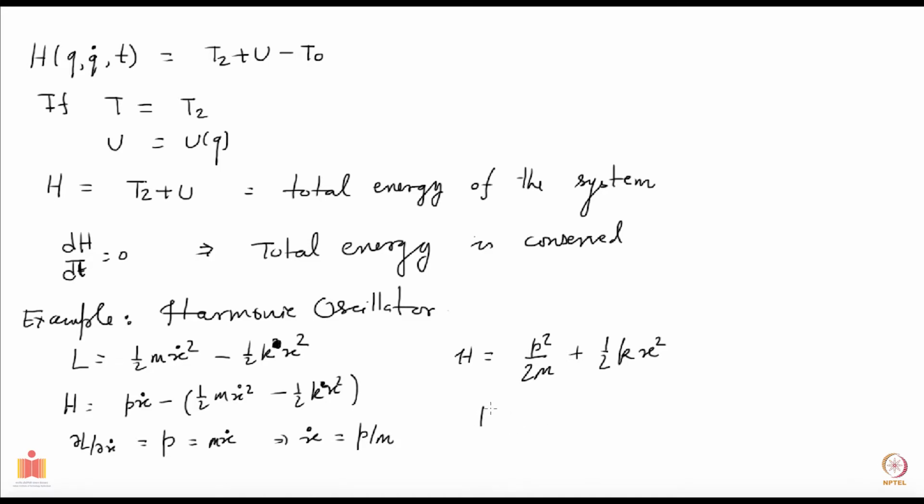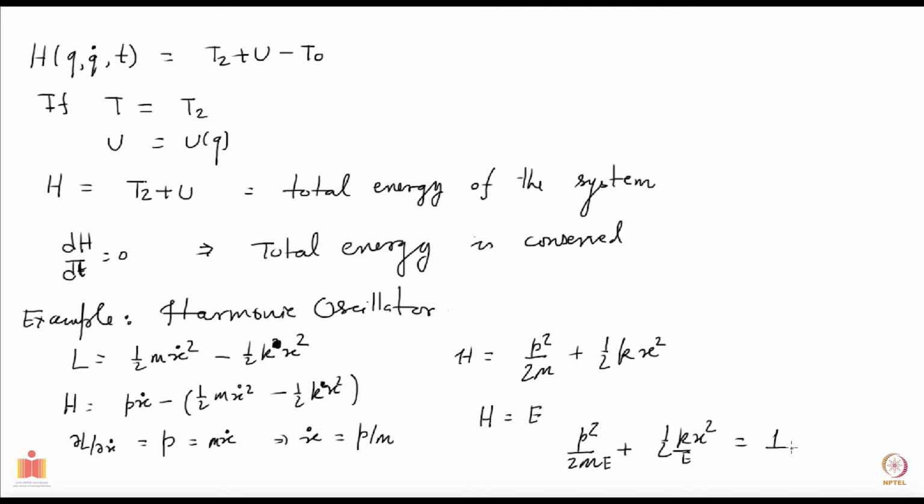So H will be a constant, let's call it E, which implies that p square over 2m plus half k x square will be equal to some constant E. And if I divide by energy on both sides, I get this.